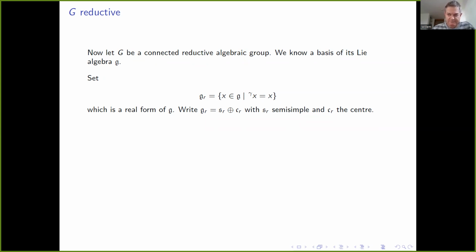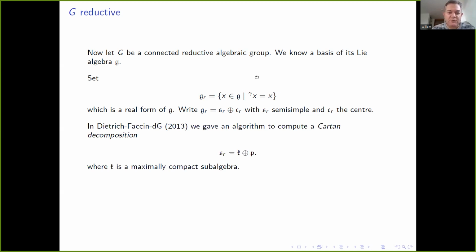Then what we look at, the conjugation also acts on the Lie algebra. And we look at the real Lie algebra, which consists of real points. So that's the real form of the Lie algebra of the group. Well, since it's reductive, we can write it as a semi-simple part plus a central part in this case.